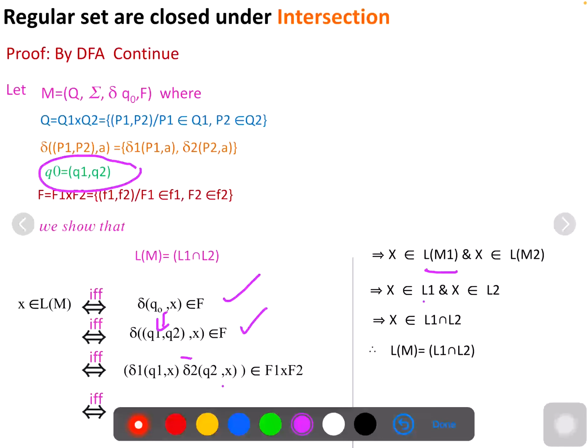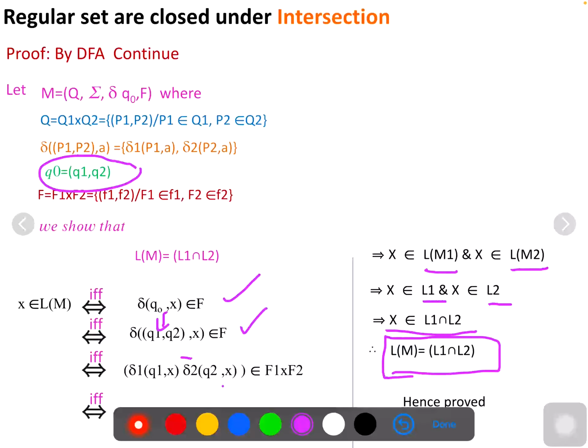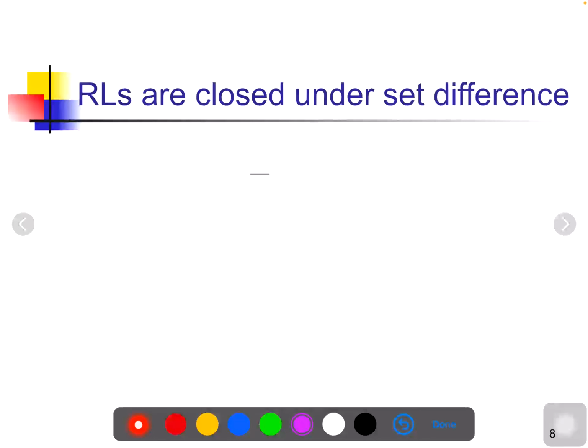So these are the two most important properties discussed in the previous slide. Now let us move to the other closure property: regular languages are closed under set difference. I'll make it a little simpler. We observe that L minus M is equal to L intersection M complement.